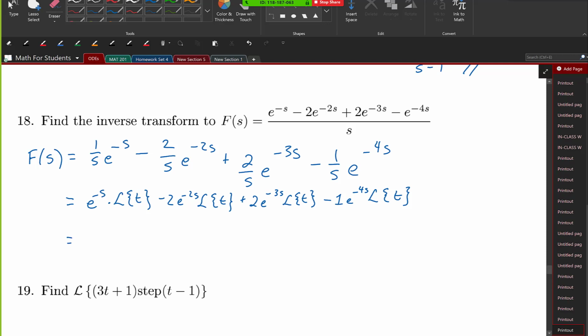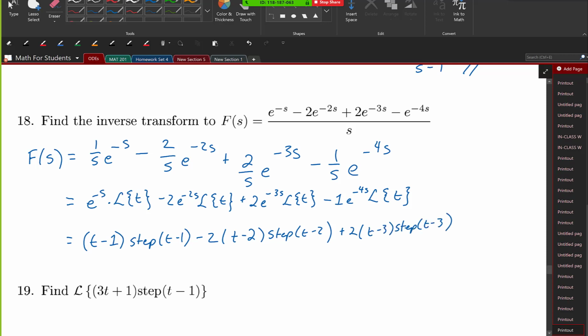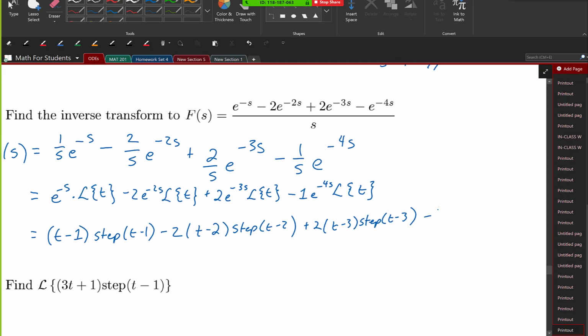So I'm going to end up with t minus 1 times the step function of t minus 1, minus 2 times t minus 2 times the step function of t minus 2, plus 2 times t minus 3 times the step function of t minus 3, minus 1 times t minus 4 times the step function of t minus 4.